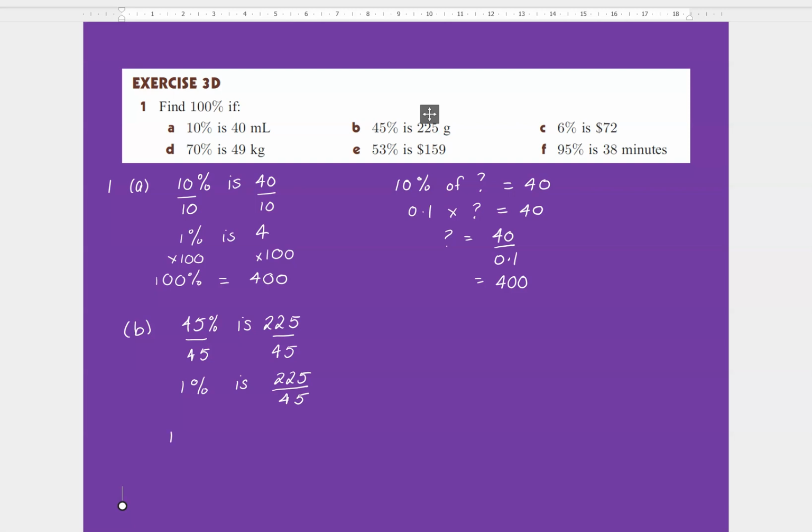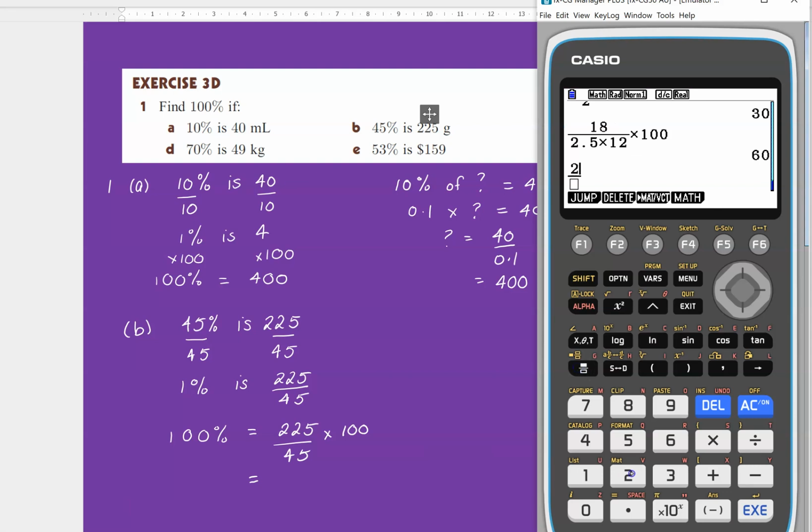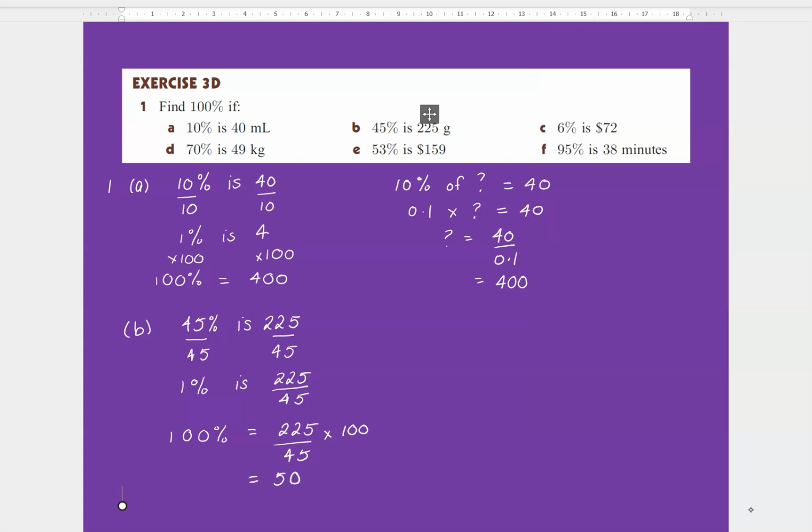So therefore, 100% is going to be 225 over 45 times 100. Okay, so 225 over 45 times 100. That's 500. Okay, now just double check, you would get that the same as if you said 225 divide by 0.45.